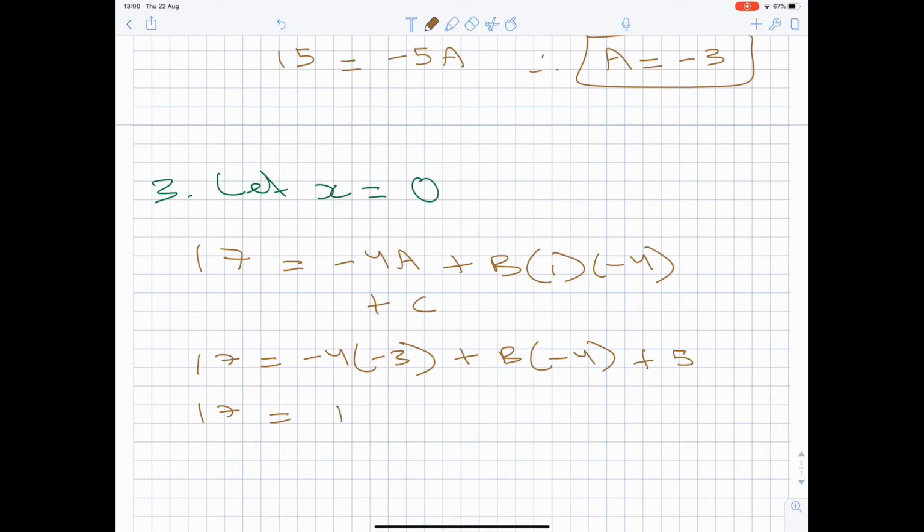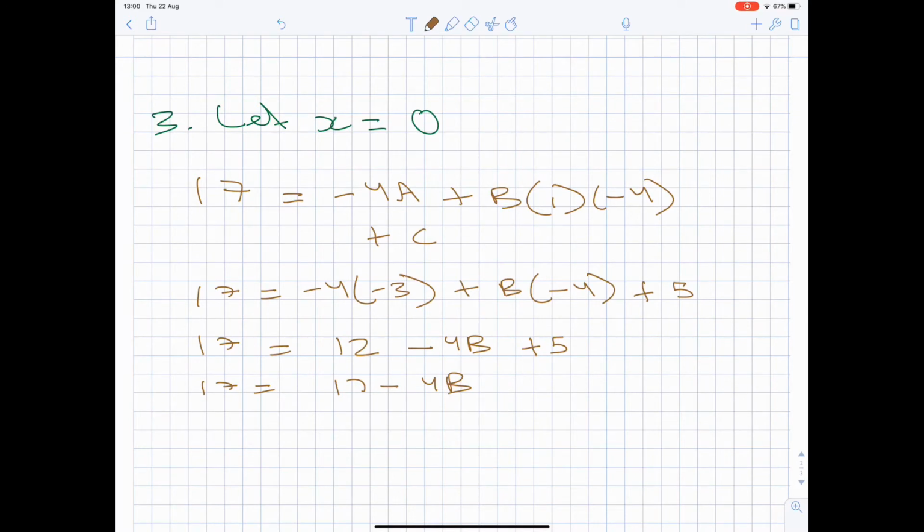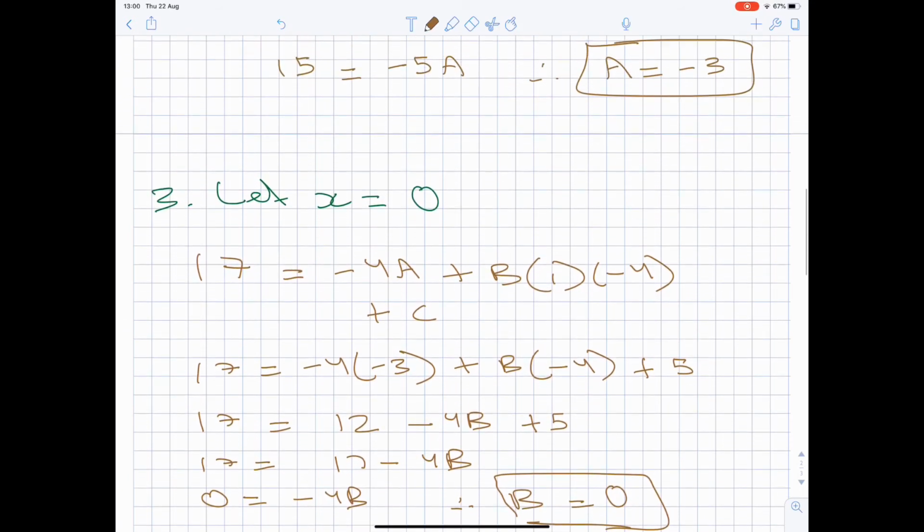Minus 4 times minus 3, that's positive 12. Minus 4B, and then we've got the plus 5 on the end. Let's keep going with the right hand side. 17 minus 4B. Take the 17 over, so that's 0 equals minus 4B. And we can see in this case, B is actually just 0. So we've got all our letters sorted now.